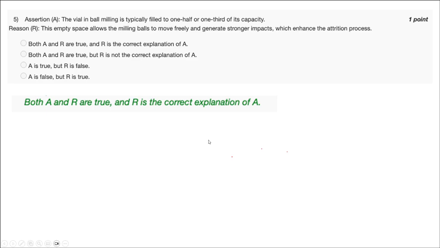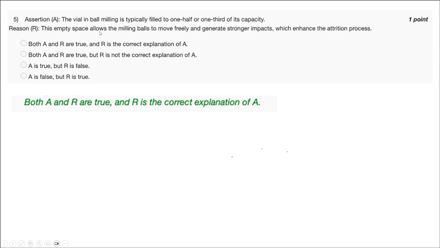Okay, so the correct answer is both A and R are true, and R is the correct explanation of A. It says the vial in ball milling is typically filled to one half or one third of its capacity.